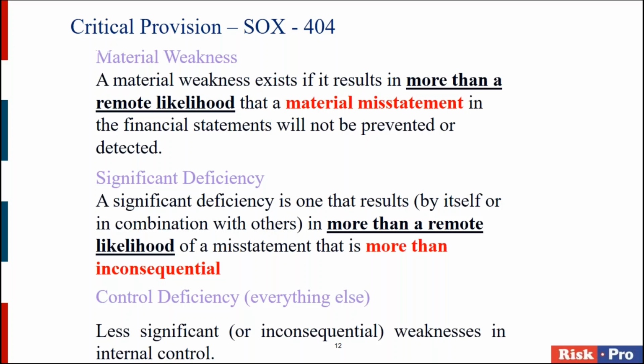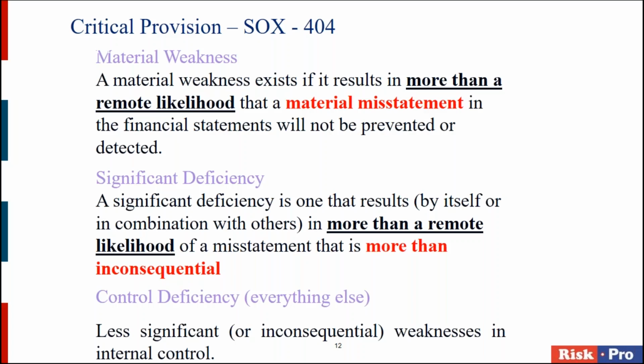So what is a material weakness? Basically, a material weakness exists if it results in more than a remote likelihood that a material misstatement in the financial statement will not be prevented or detected.